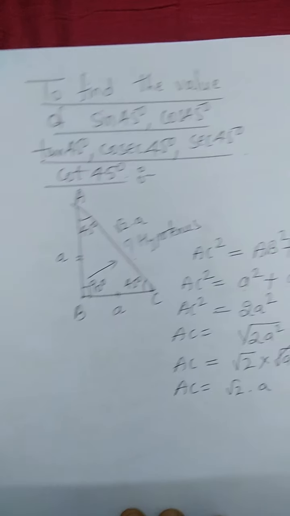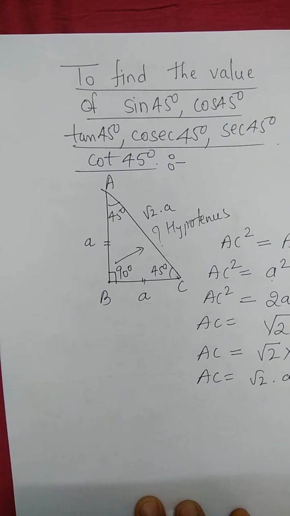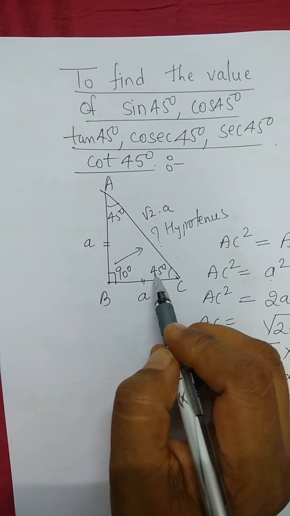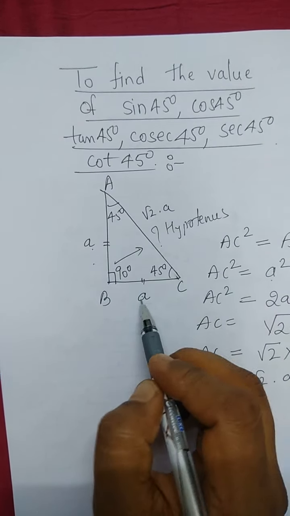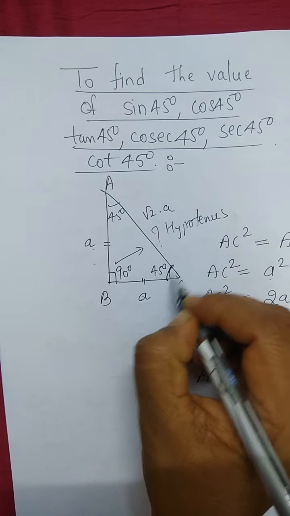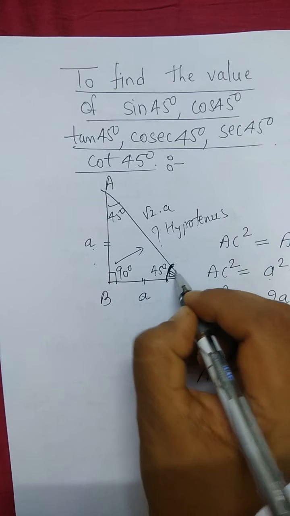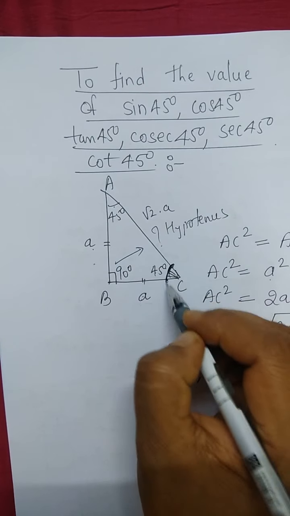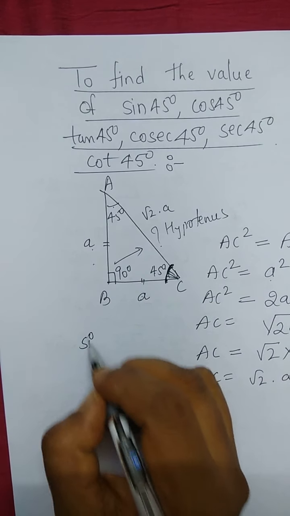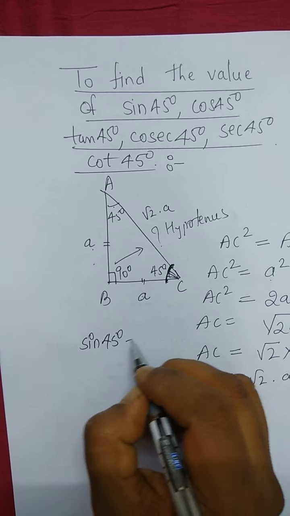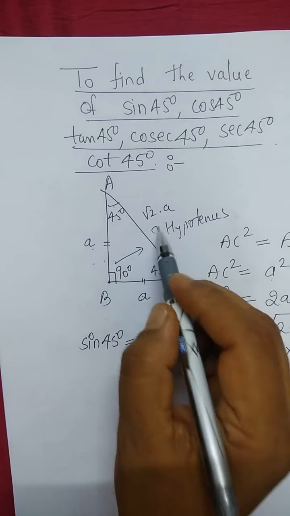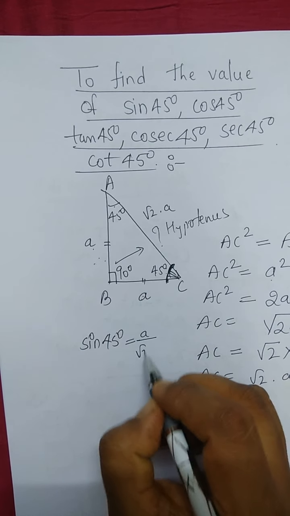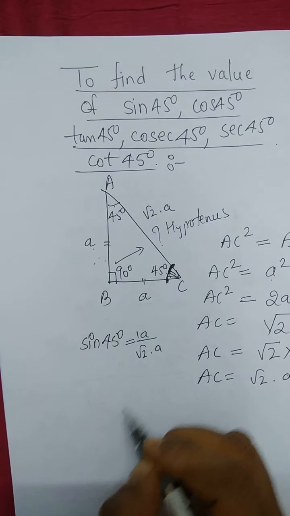Okay, now simply we have to use the ratios and find. You can consider any triangle, opposite and adjacent sides are equal. So you can consider any angle here. Either you consider this angle or you consider that, no problem in that. So sine 45 degree will be opposite upon hypotenuse. Opposite is a, upon hypotenuse is root 2 into a. Here nothing means 1.